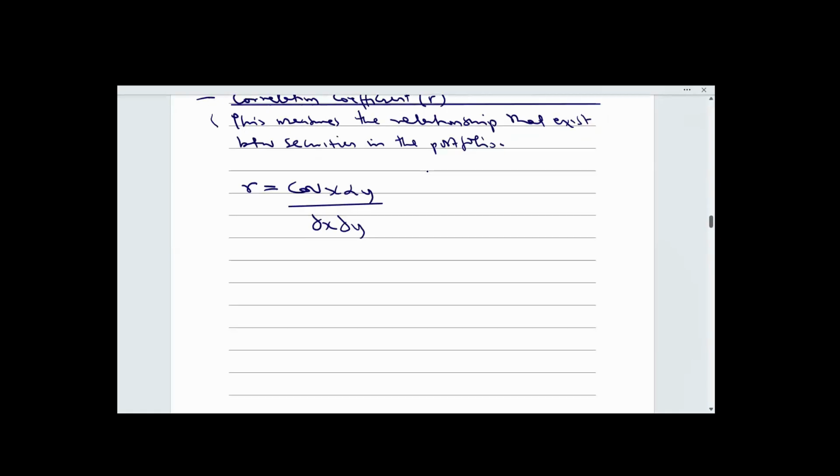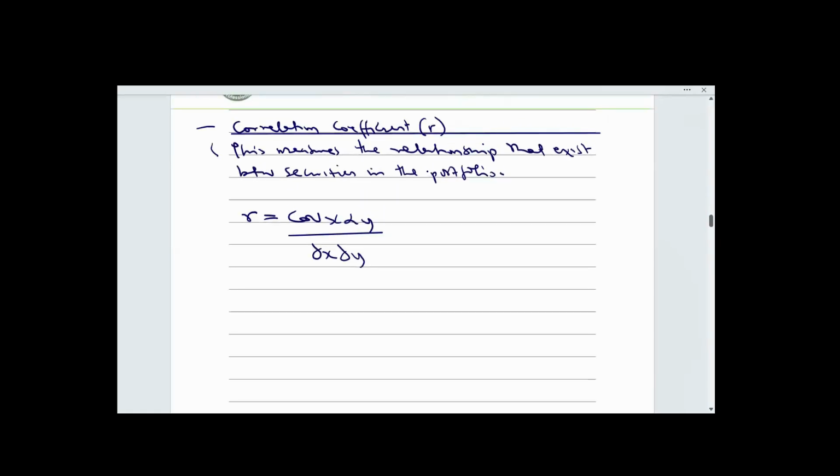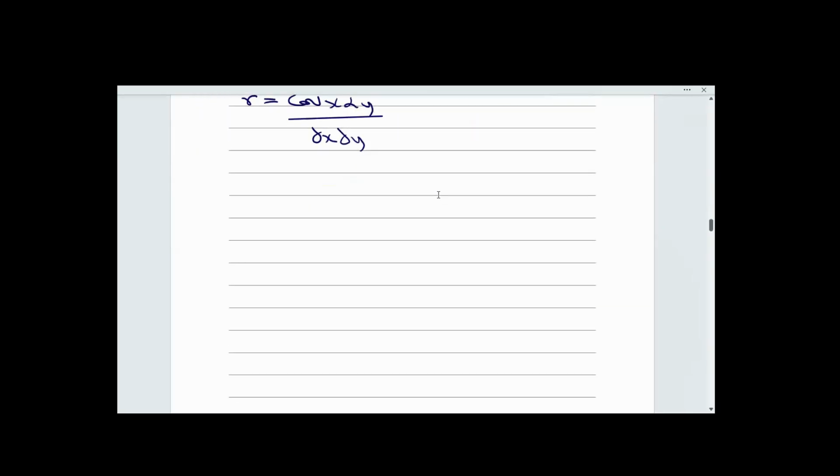On the final note, how do you compute covariance? Before you can calculate the correlation coefficient, you need to first determine the covariance between the securities in the portfolio. So what do you mean by covariance? How do you estimate it? This represents the linear relationship between variables.